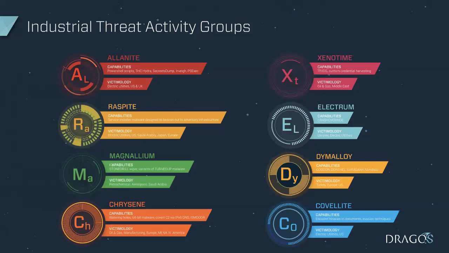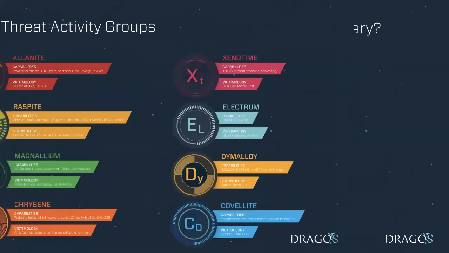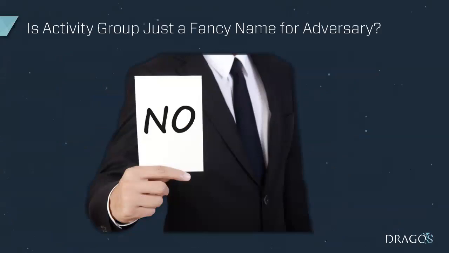We're going to step through these, but the first thing I want to talk about when we get to them is this: isn't an activity group just a name for an adversary? So, next slide, please. The challenge here is, absolutely not. These are not just fancy names for adversaries.